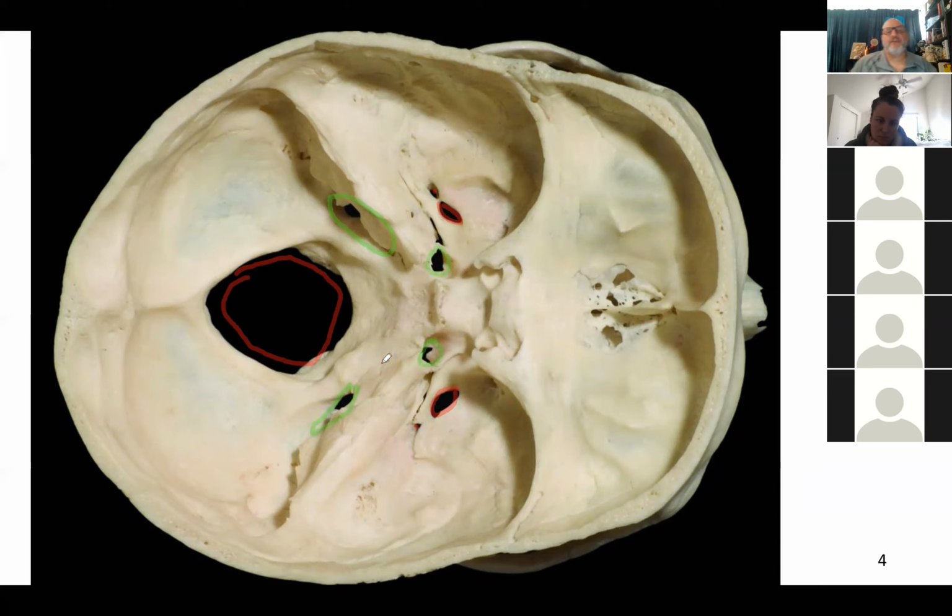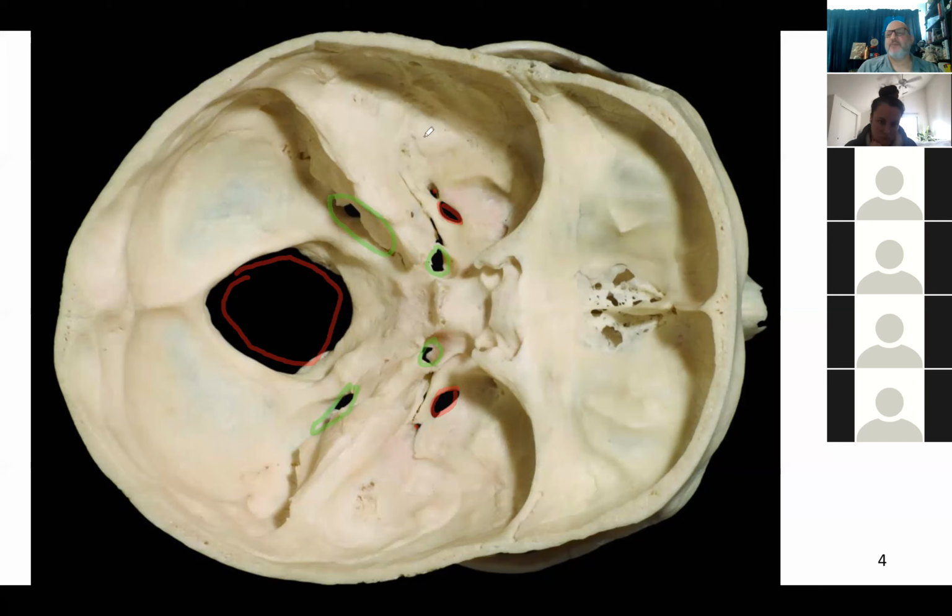And the reason for that is they form where two bones grow together. Basically what happens, for instance, in the jugular foramen, which we're talking about right now, the temporal bone has a notch in it. The occipital bone has a notch in it. Neither of them by themselves forms the jugular foramen, but when they grow together, lo and behold, there is the jugular foramen.